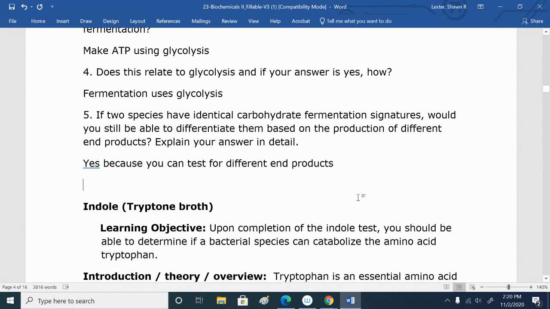So easy to tell for lactic acid fermentation with pH. Alcohol fermentation, well, there are different things you could do to test for alcohol. But if they did happen to produce the exact same end product, then no, you could not differentiate them. But if the end products are different, then yes, you can differentiate them.